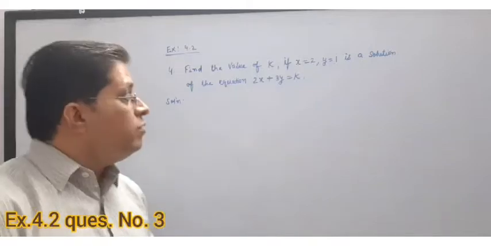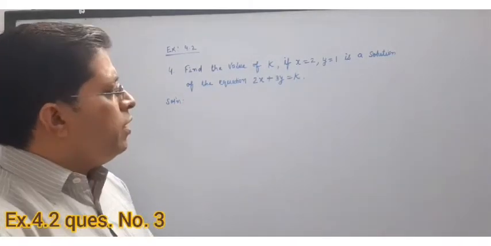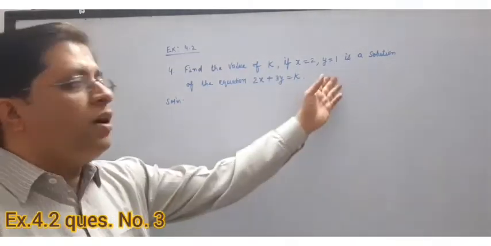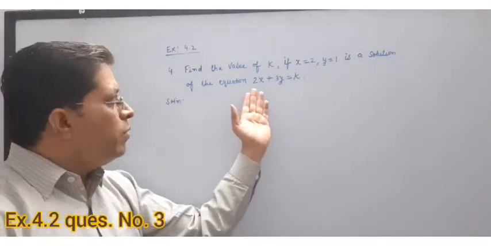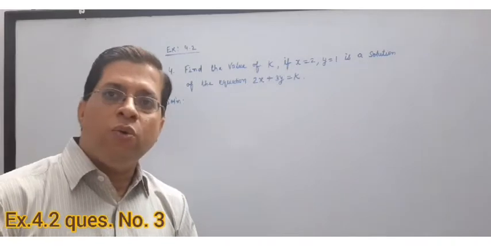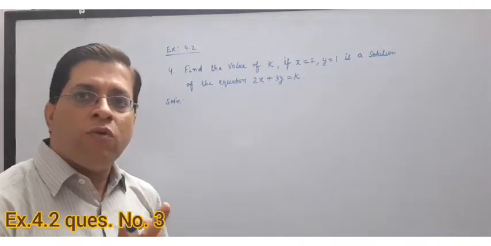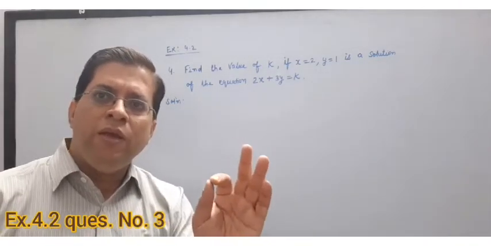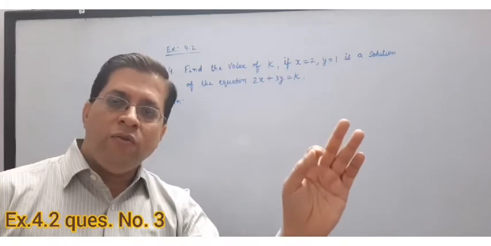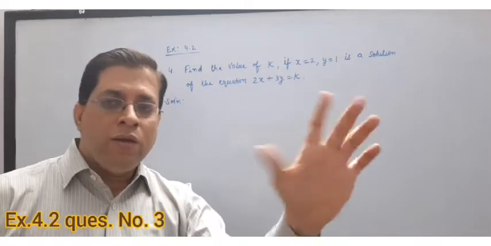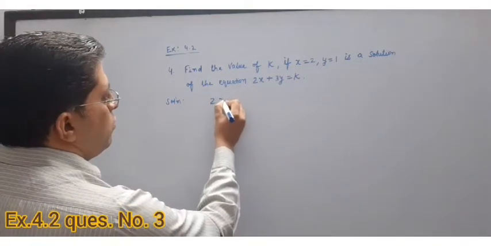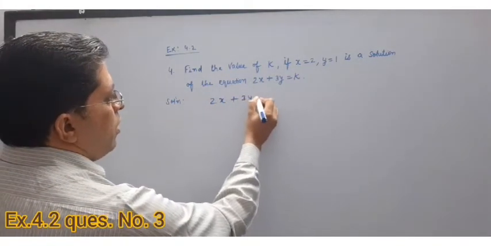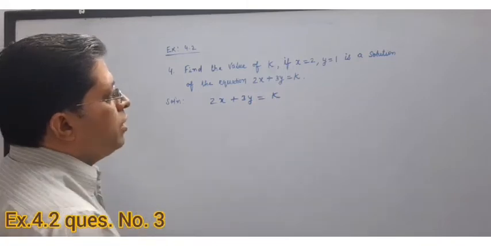Now the next question is, find the value of k if x is equal to 2 and y is equal to 1 is a solution of the equation 2x plus 3y is equal to k. Okay, now what to do? You have to simply put the value of x and the value of y in the equation. See, what is my equation? 2x plus 3y is equal to k.